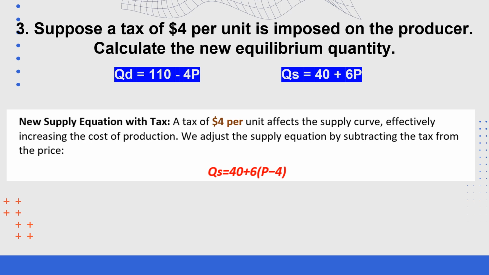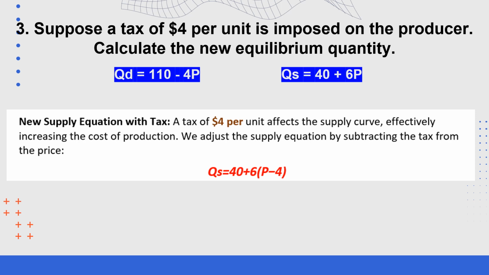So the tax of $4 per unit affects the supply curve, remember, because it's going to increase the cost of production. In other words, the producer will receive $4 less from each unit sold, since it's a tax imposed on him.